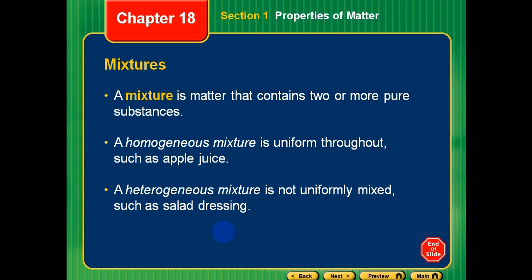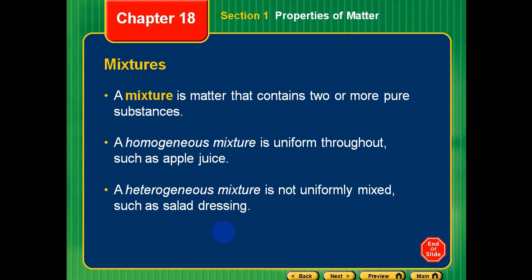So let's repeat again. What did we say? We say that matter is anything that has mass and volume. Matter is made of atoms. When atoms are the same, they make elements. Different atoms combine together to make compounds. Elements and compounds are pure substances.